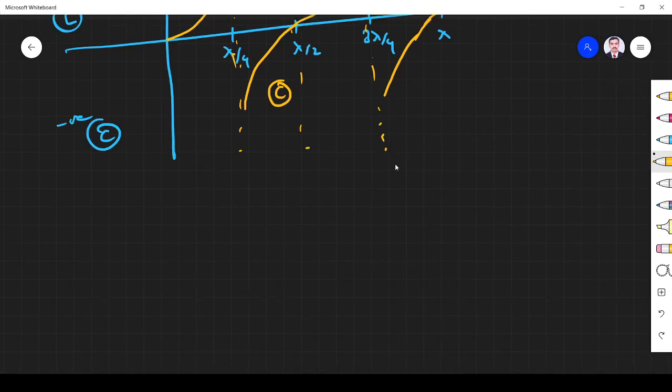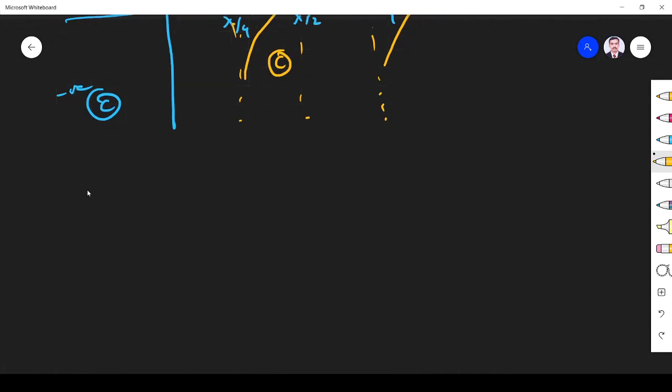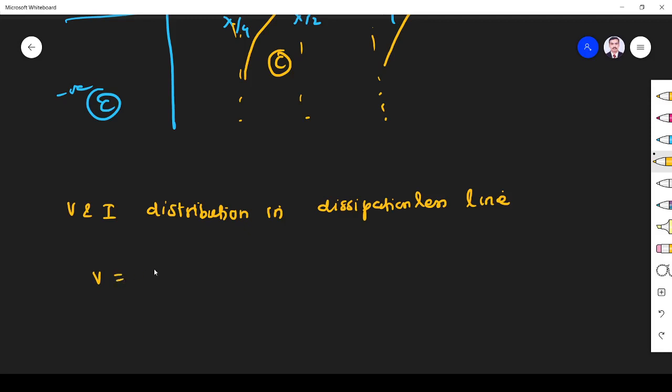Next, we learn about voltage and current distribution in a dissipationless line. So V and I distribution in a dissipationless line. The voltage of the dissipationless line is given by V = VL cos βL + j IL R0 sin βL.